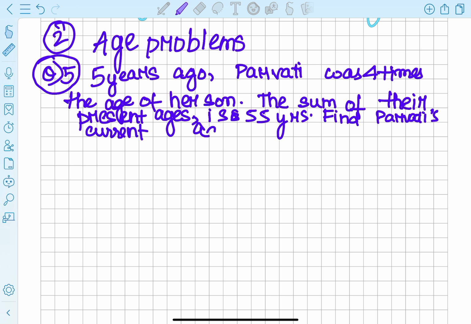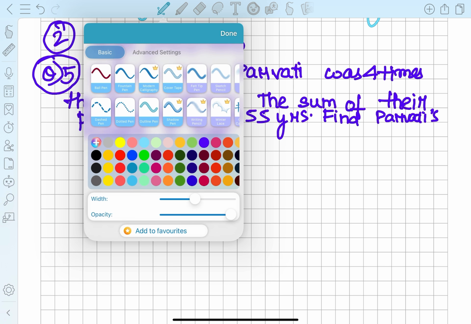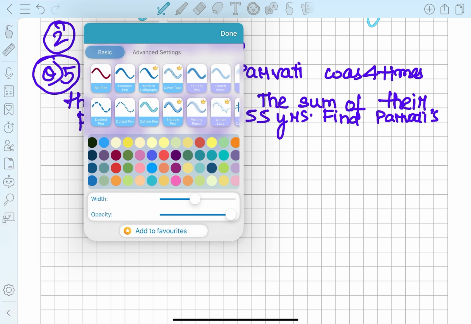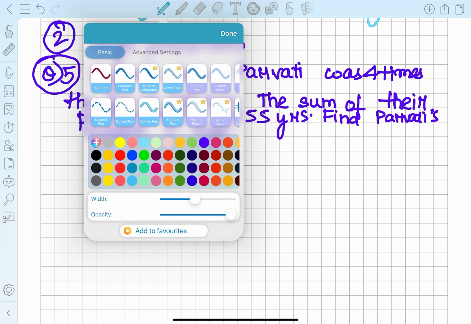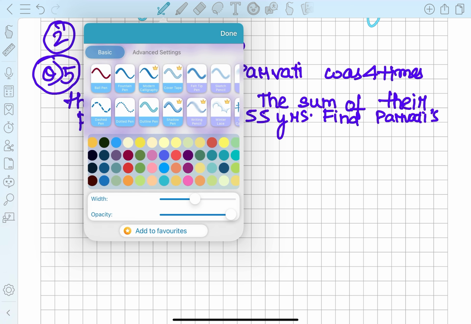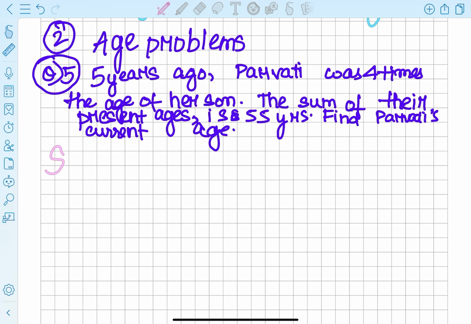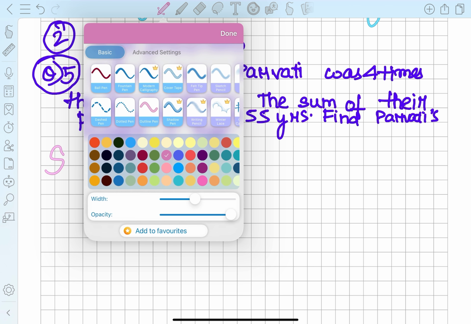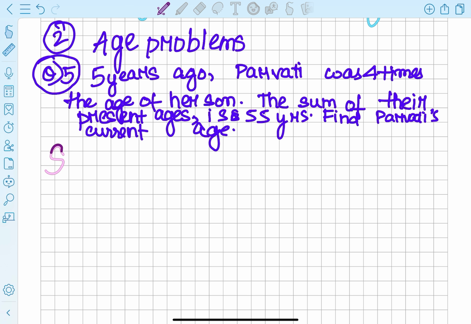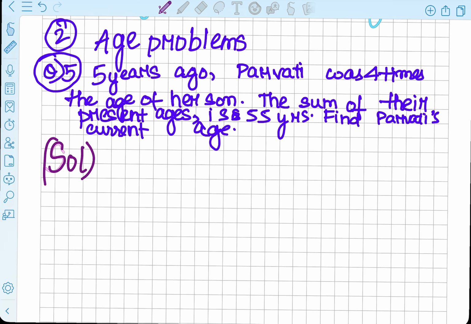Now let's break down the sum one by one and understand what the sum is trying to tell us. Only then we'll be able to answer the sum. Let me select a pen to teach you this concept because it's a very important concept, so you must know it very well. It is being said that 5 years ago it is happening.